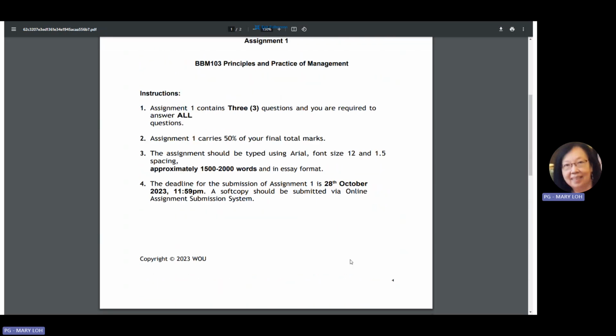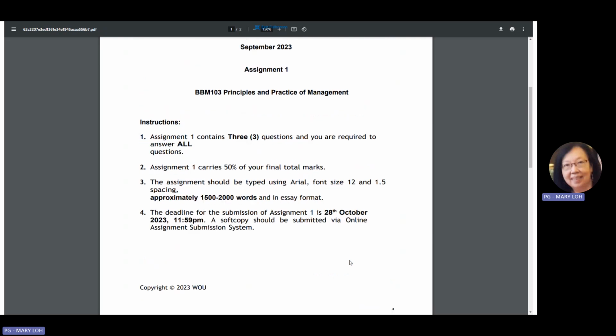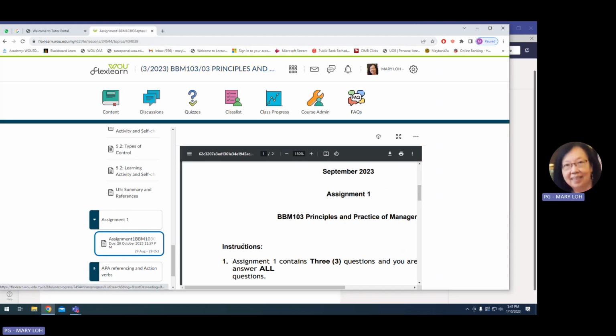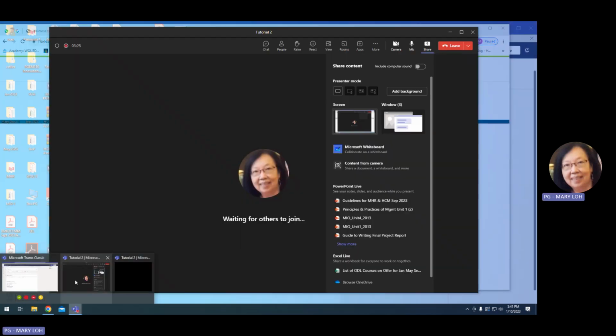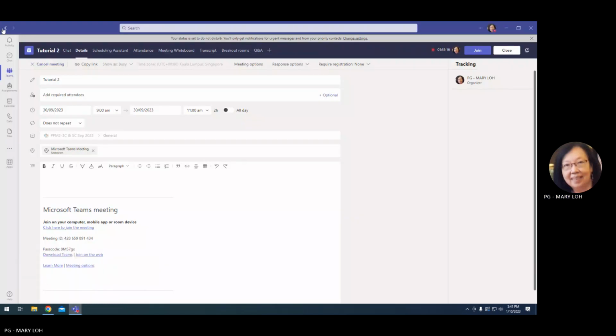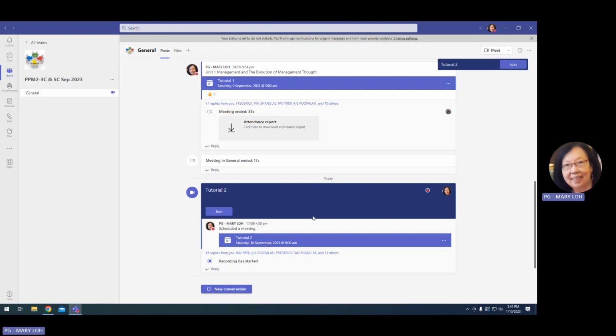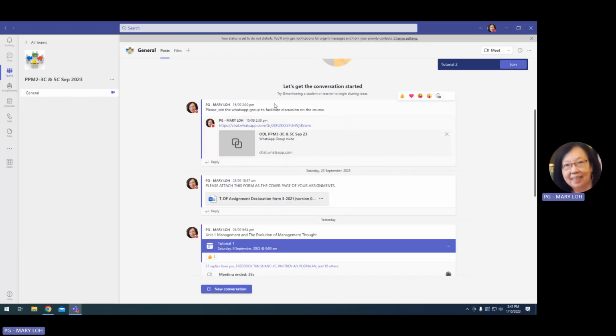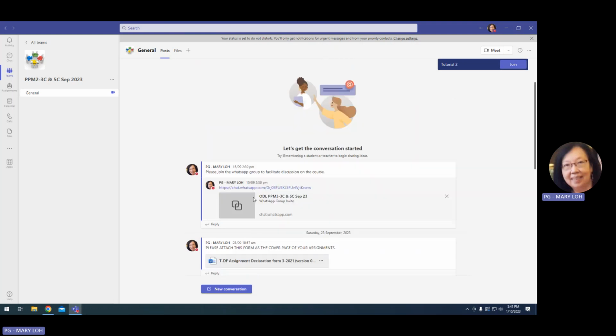The main thing I want you to remember, and I want to remind you again, I will take you back to your first page. Here I already gave you information that the declaration form is the cover page, right?